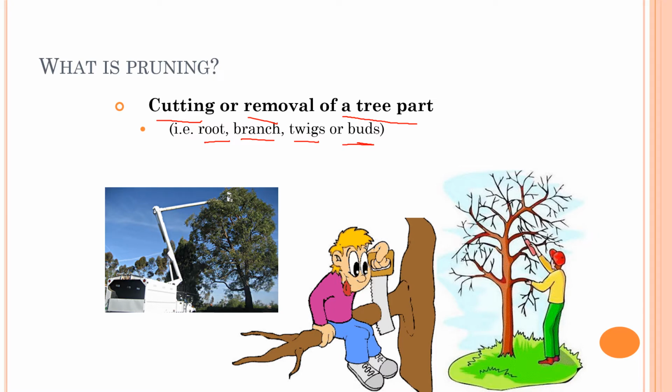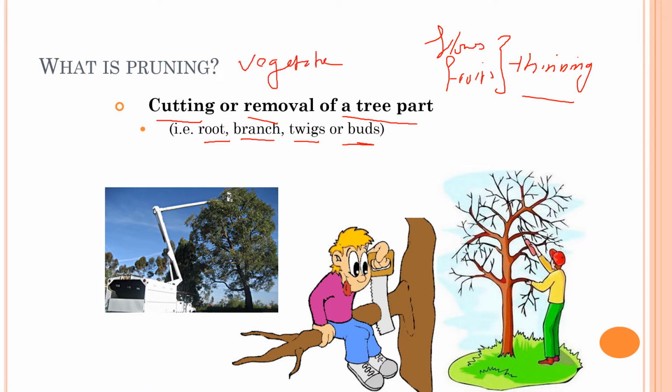This also applies to flowers and fruits as well. In the case of flowers and fruits, it is pruning, but it is also called thinning. There's another term for it. But pruning specifically talks about the vegetative part and the root. So it can include any part of the plant.